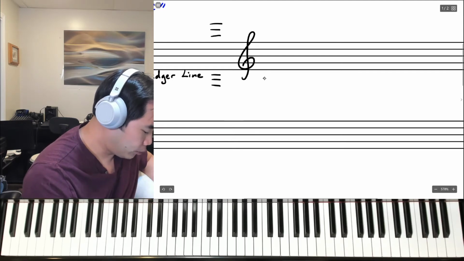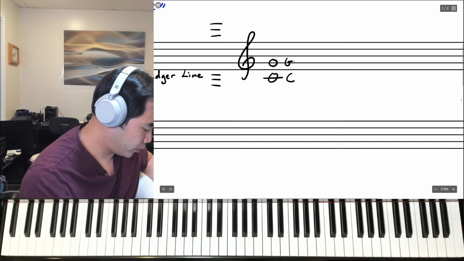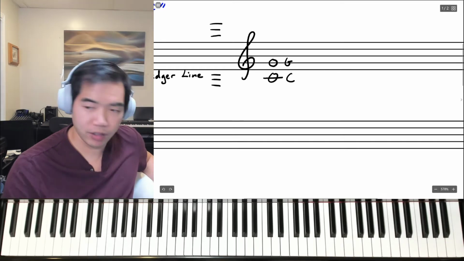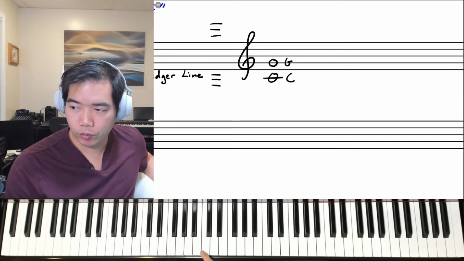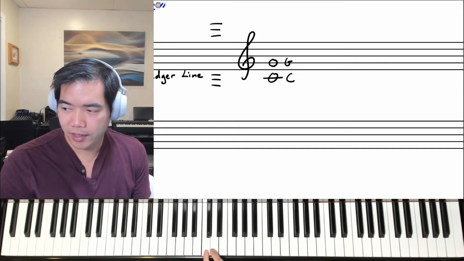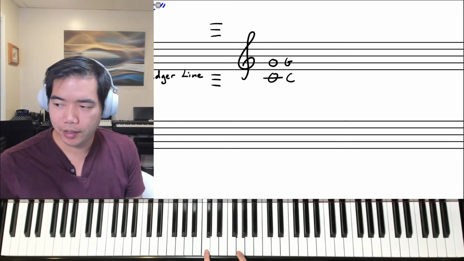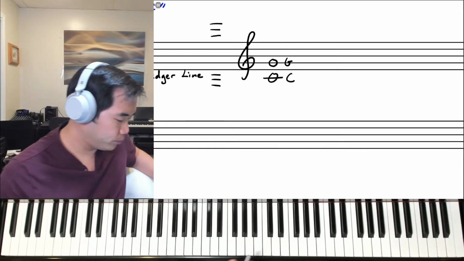We already know that this is the note C, or middle C, and we've mentioned that this is the note G, above middle C. So if we're looking at the piano, if this is C, then C, D, E, F, G, I'm just going in order, that's where G is on the piano.